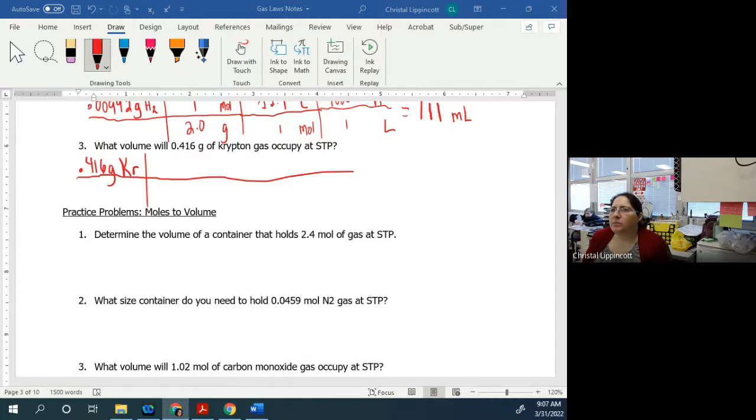Liters. Okay. How do I get these numbers? Oh, this is the molar mass.